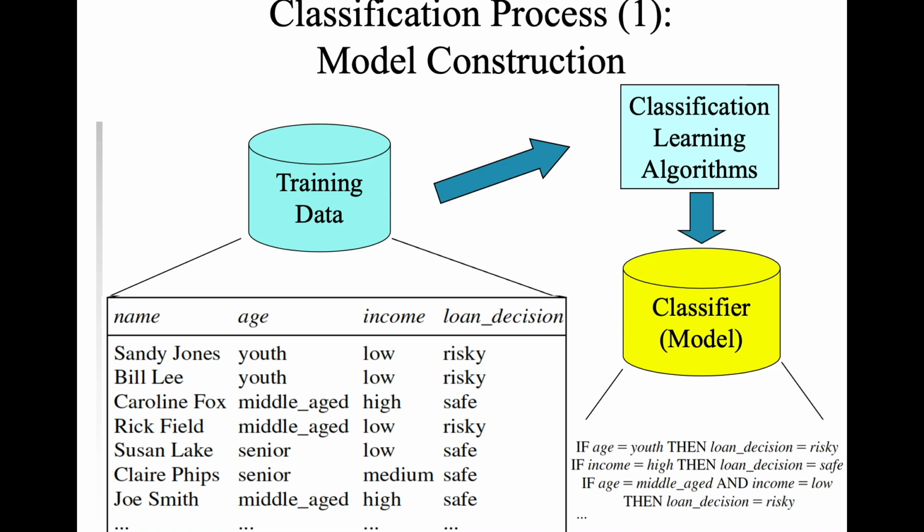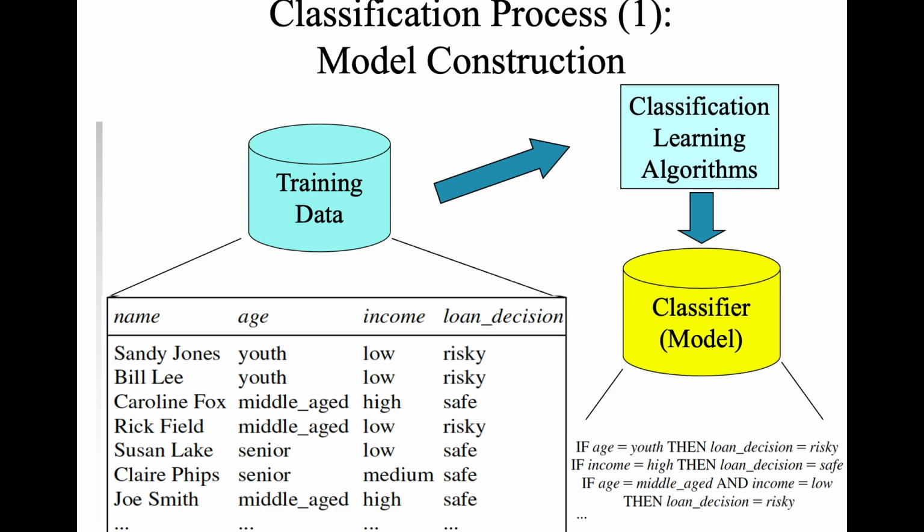Let's say a bank wants to decide whether to give a loan to someone or not, so they may consider several factors, such as their age and their income, to decide whether that person is safe for the loan or is risky.